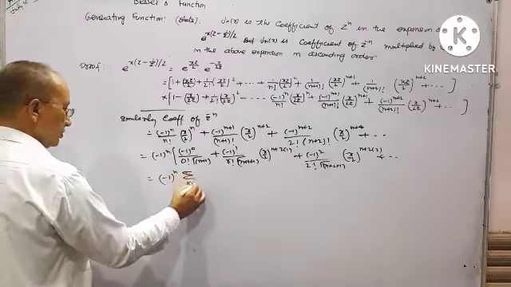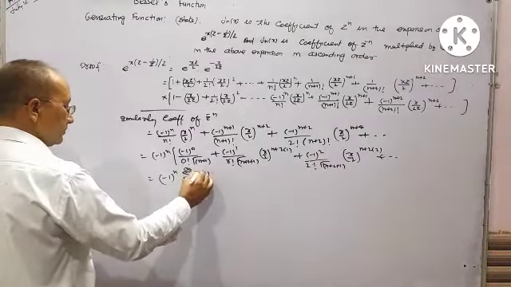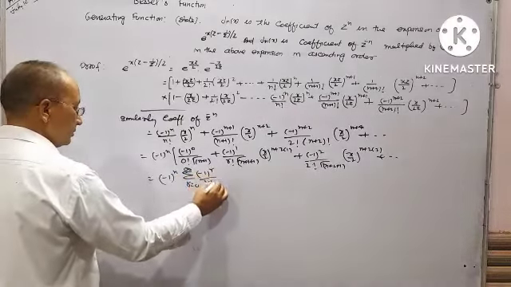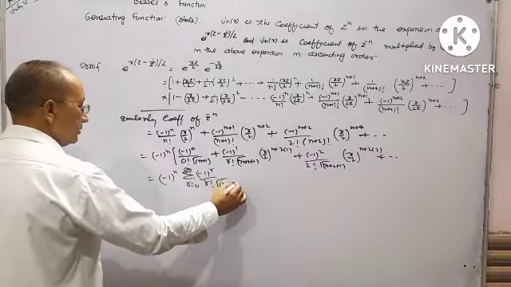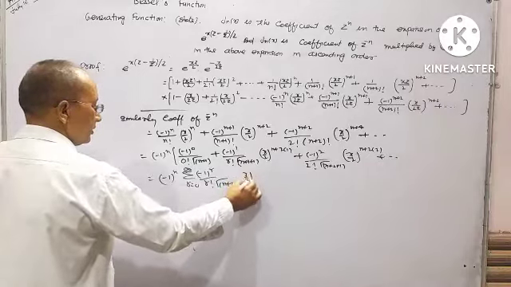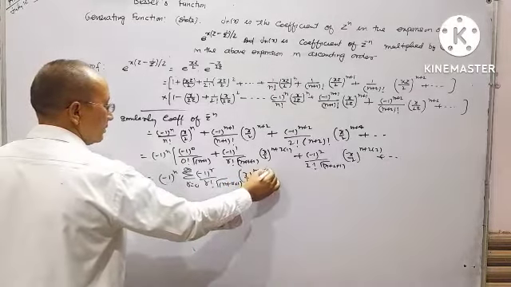That is the summation r equals 0 to infinity of minus 1 to the power r upon factorial r gamma n plus r plus 1, (x/2)^(n+2r).